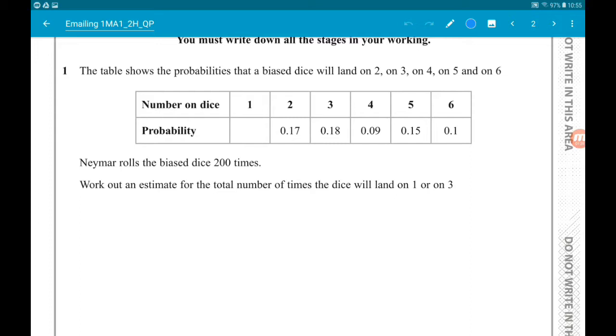So we need to first of all work out the probability of getting a 1. Now, probability always adds up to 1, so if we find the probability of not 1, so we add together the probabilities for 2, 3, 4, 5 and 6, so make sure for that you get 0.69.